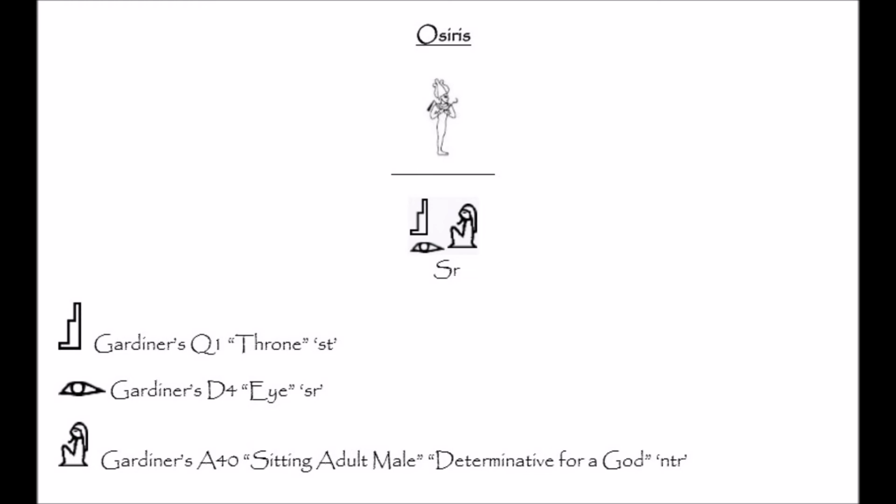This is Gardner's A40. This is a sitting adult male, but it's used as a determinative for a male god, and has the phonetic value of netter. But again, this is just a determinative, and so technically you could translate this as the god Osiris.